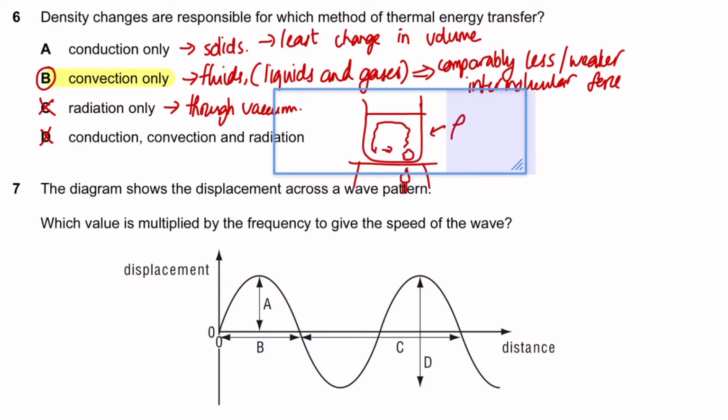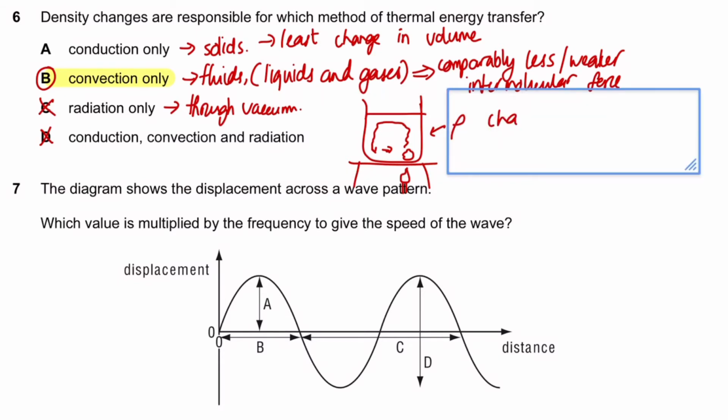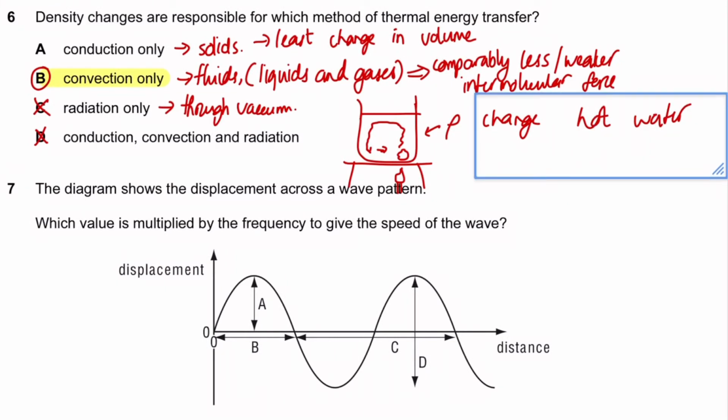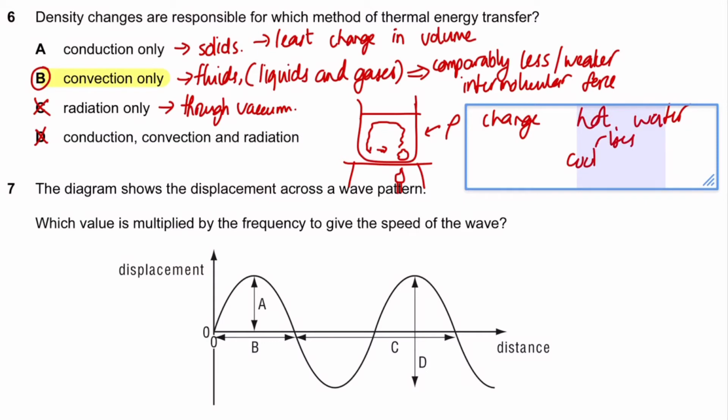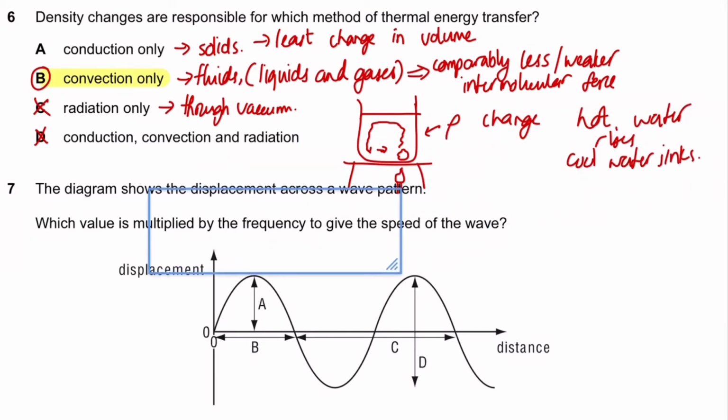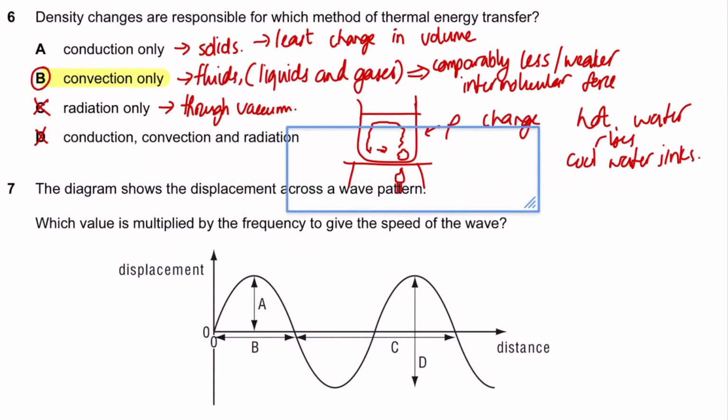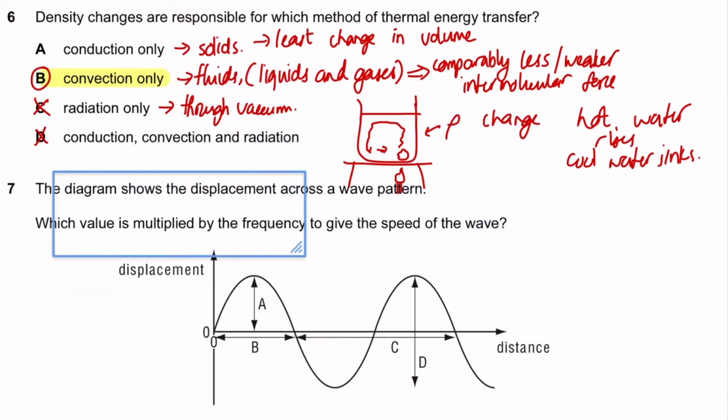So that is also a density change, where hot water rises and cool water sinks. Let me write it here. Hot water rises, cool water sinks. Same goes for air, but I'm not going to show that here.